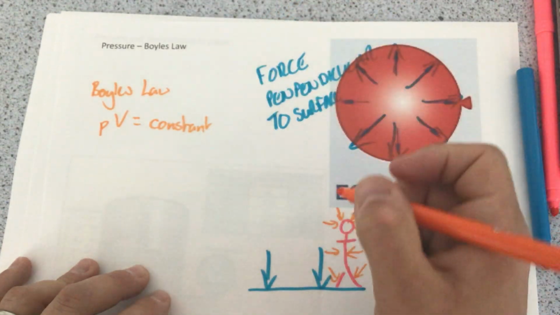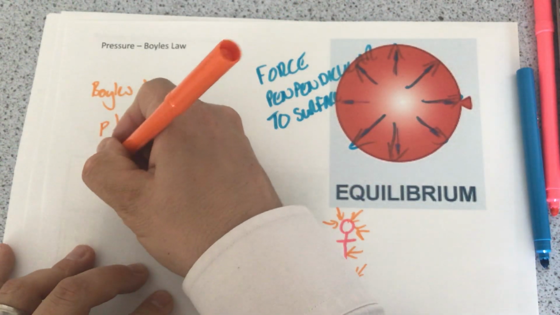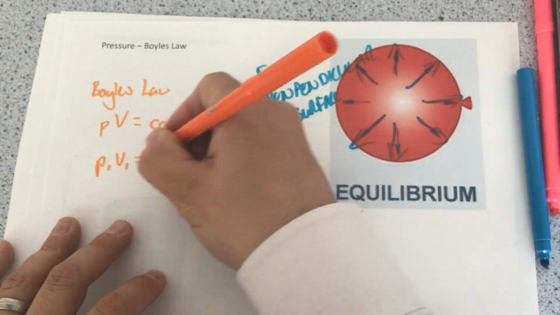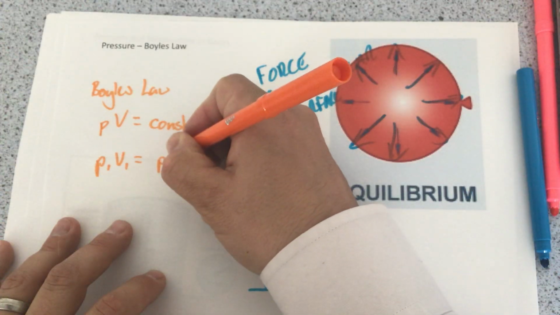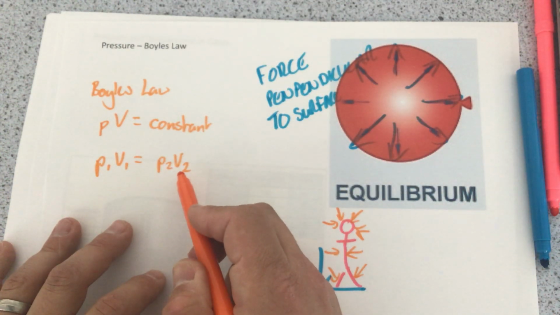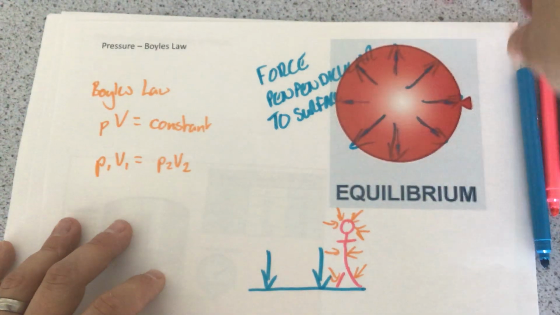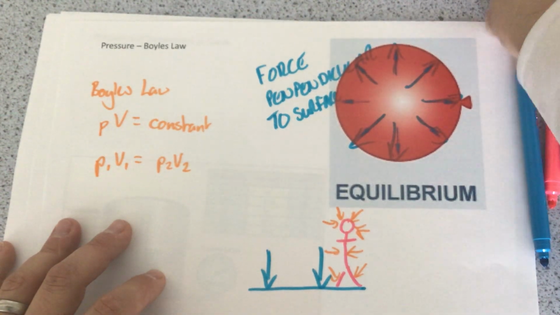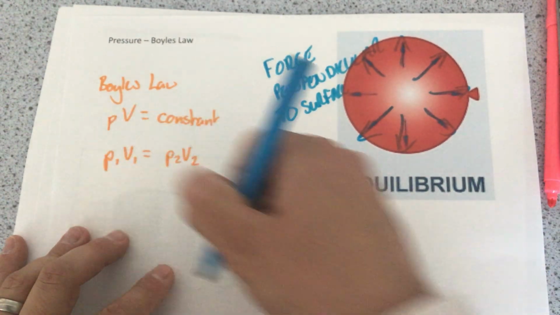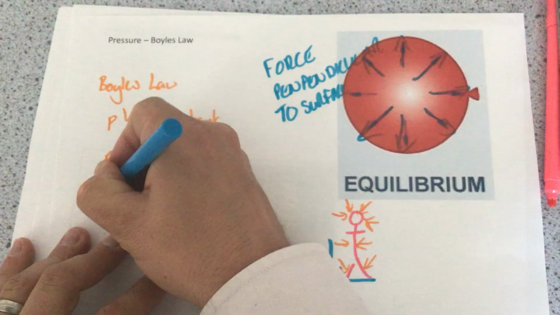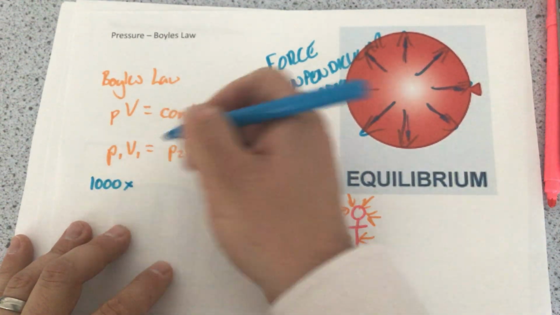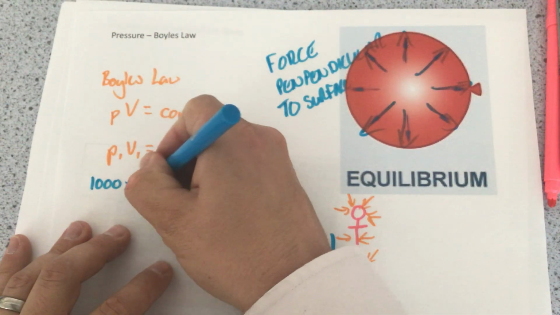And what that means is that if we have a pressure and a volume of a gas and we change the pressure of that gas, then the volume of that gas responds accordingly. So just to give you an example of what I mean by that, let's say we have a pressure of 1,000 pascals, and the volume of the gas is 1,000 litres.